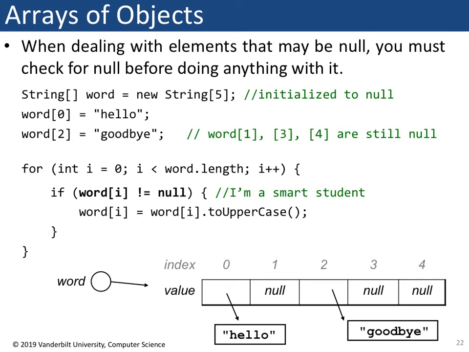So we have a reference variable that points to an array object in memory, and then each element of this array holds a reference to a string object in memory. However, 3 of the elements contain null pointers, which means we cannot dereference them because they point to nowhere.